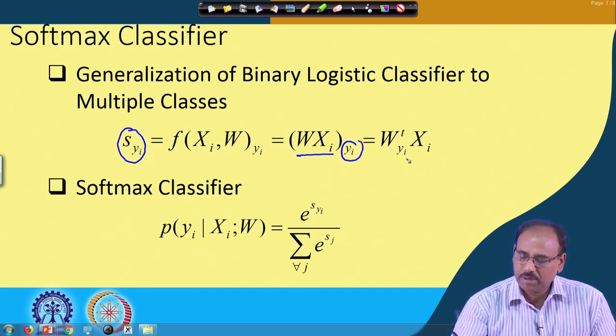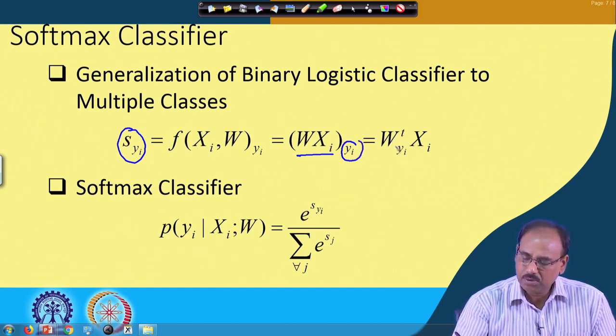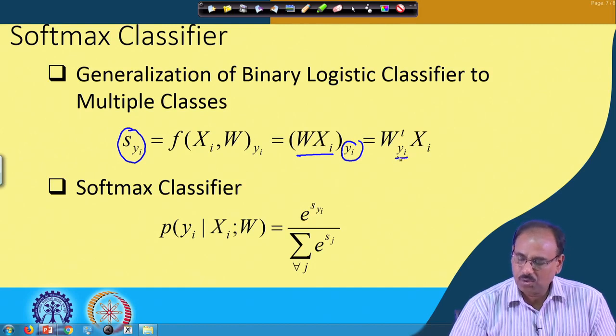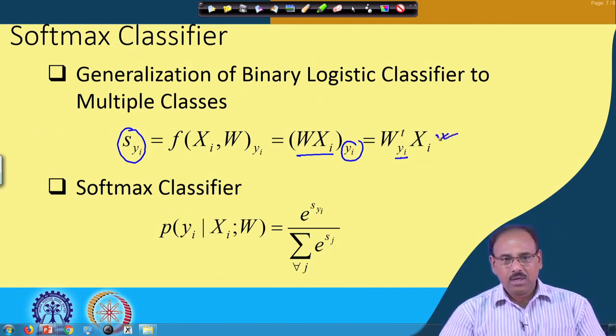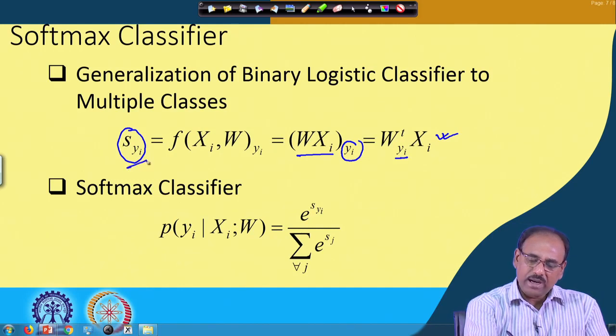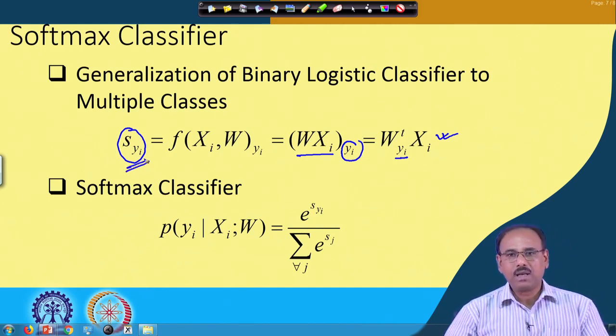This you can also write as w_{y_i} transpose, the vector corresponding to the y_i-th row, take the transpose of that vector and multiply it with x_i. So, that gives you the score of class y_i for feature vector x_i, which belongs to class y_i. That we already know, because this is a training vector.